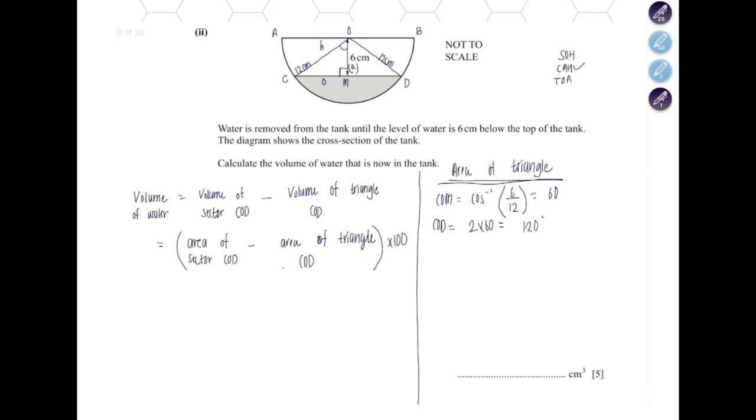Now we can find the area of this triangle first. Sorry, that's the wrong pen. Area of triangle is going to be half times 12 squared times sine of COD, which is 120.